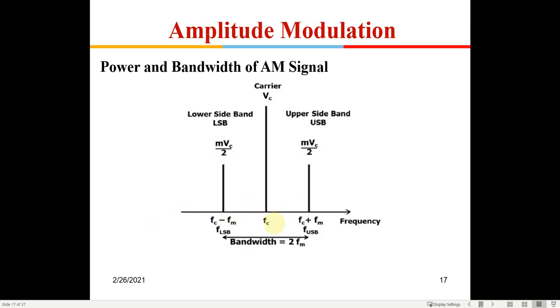So the bandwidth will be 2 kilohertz here. So FC minus FM to FC plus FM, this is going to be the bandwidth.